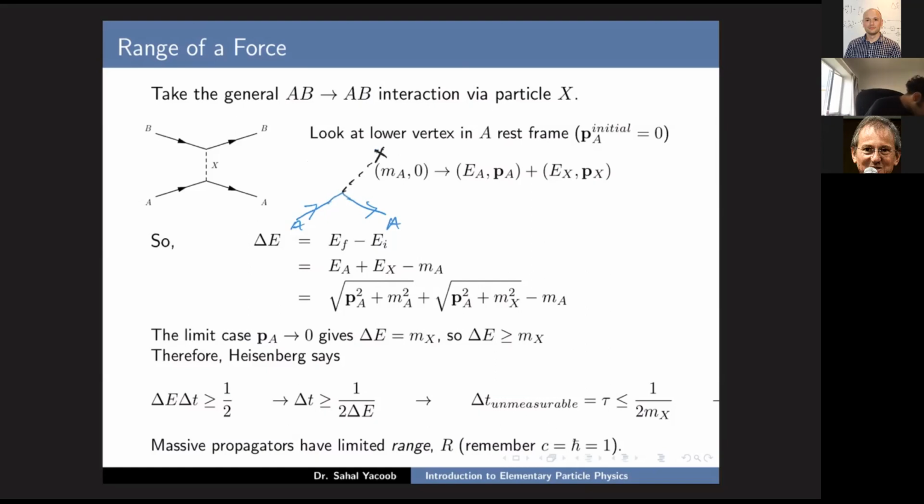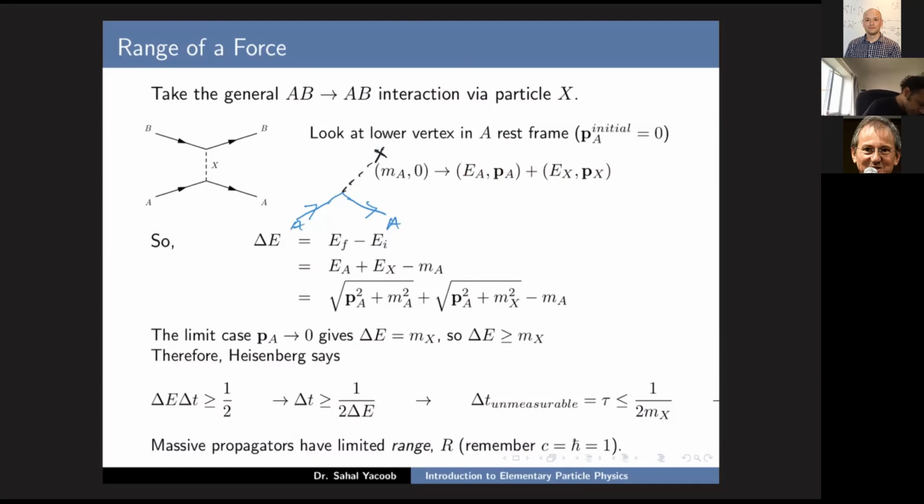And we start in the rest frame of A. So in our initial state, we have a 4 vector MA at rest. In our final state, we have particle A again with some different EA and momentum PA, and particle X in the most general case with energy EX and momentum PX.